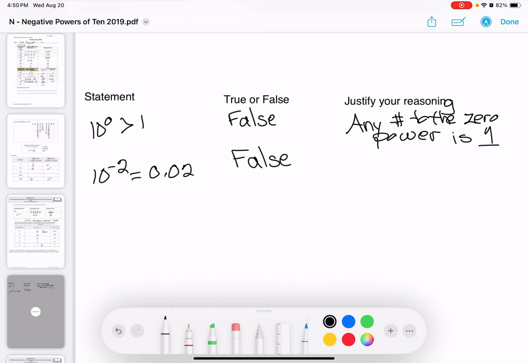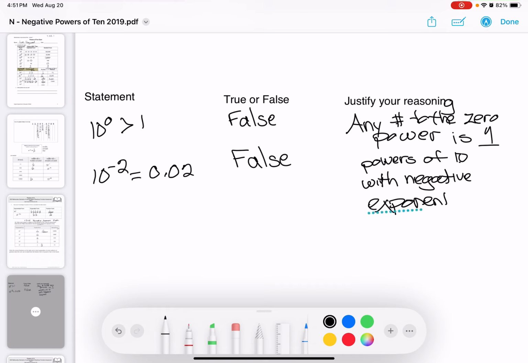Because powers of 10 with negative exponents always end in 1 for a decimal.